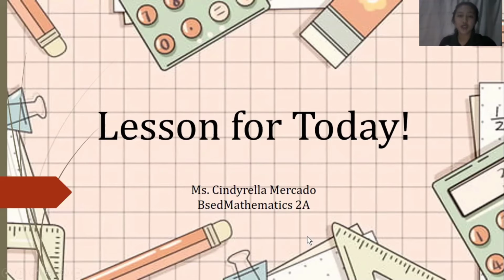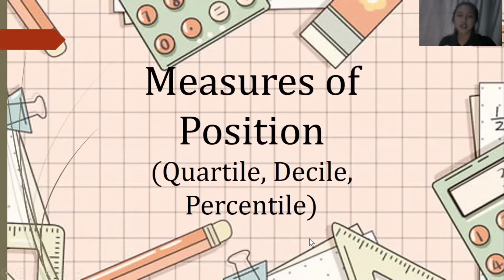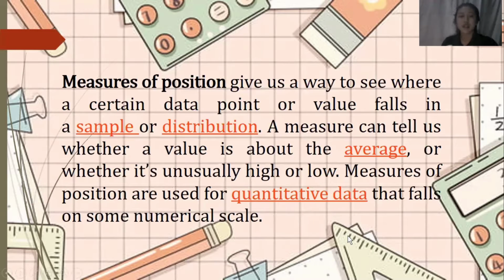So our lesson for today will be the different measures of position. We have the quartile, the decile, and the percentile. When we say measures of position, it gives us a way to see where a certain data point or value falls in a distribution.